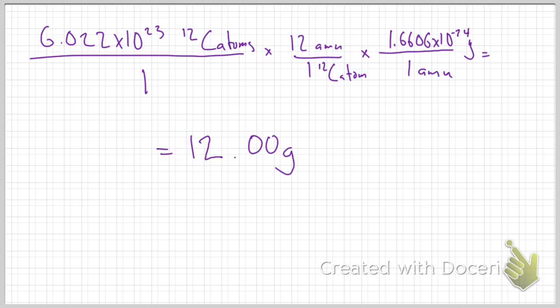Is that suspicious? What stands out to us about that answer? What's that? So you're talking about scientific notation. There's really big scientific notation, really small scientific notation. So they kind of cancel each other out. True.